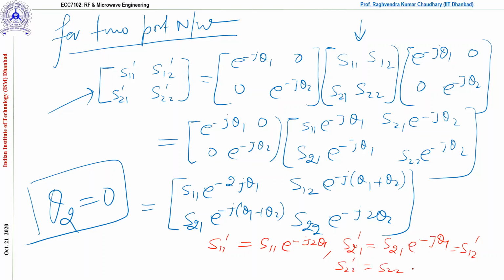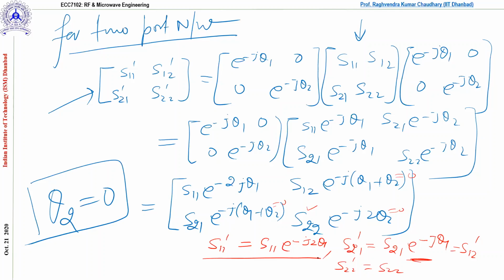If this is 0, so this will be 0, this will be 0, so this will be S22 only, correct? This will be S12 e to the power j theta 1. Similarly for S21, that is why I have written it like this, and S11 is this, correct?